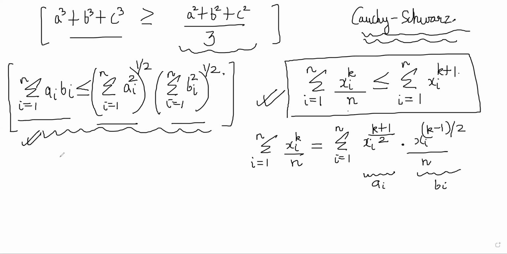Just like in Cauchy-Schwarz, we need two terms which vary, ai and bi. So I'm just separating it out, and I'm going to employ Cauchy-Schwarz in this next step.